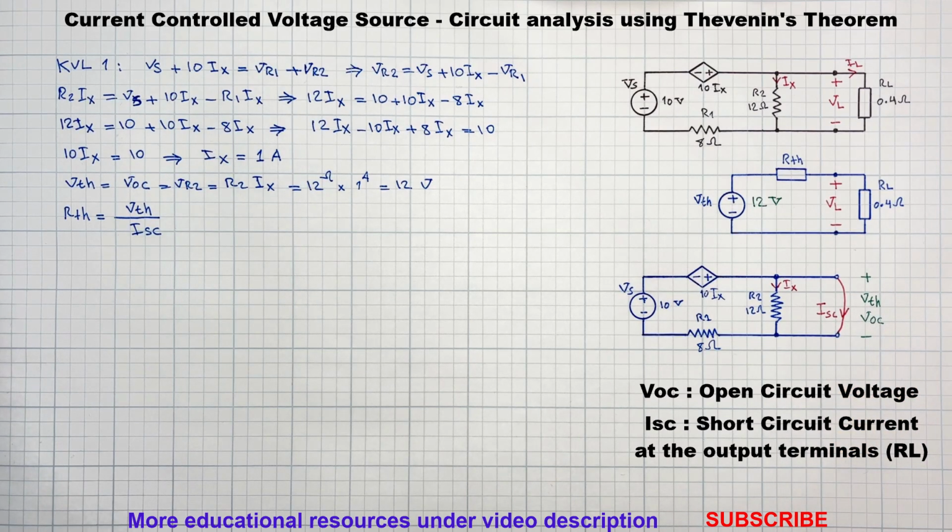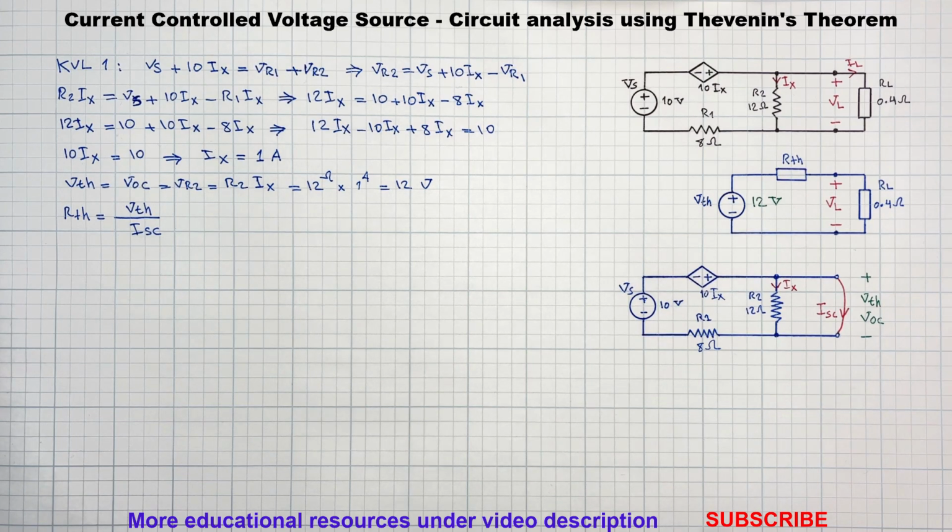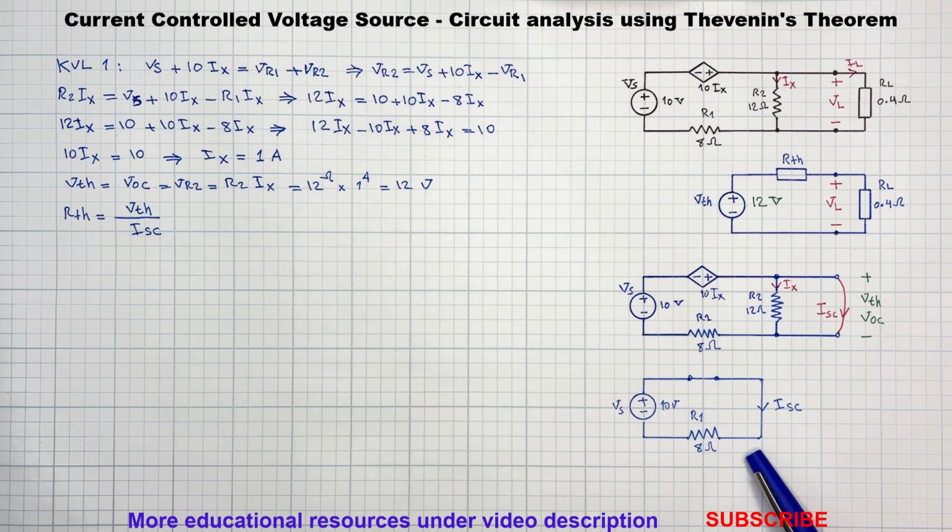By short-circuiting the load terminals, we can determine the ISC, and the simplified circuit will look like the following. As you can see here, Ix becomes 0 because all the current in the loop will go through the short circuit path, and respectively, the dependent voltage source also becomes 0 and gets replaced with a closed connection.